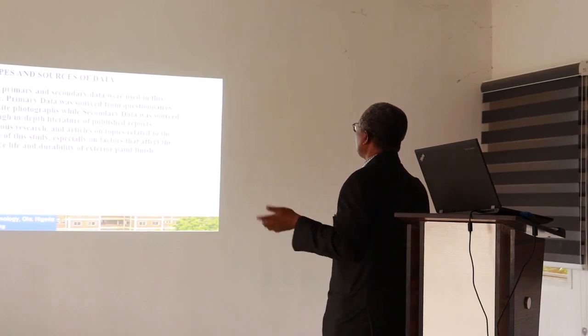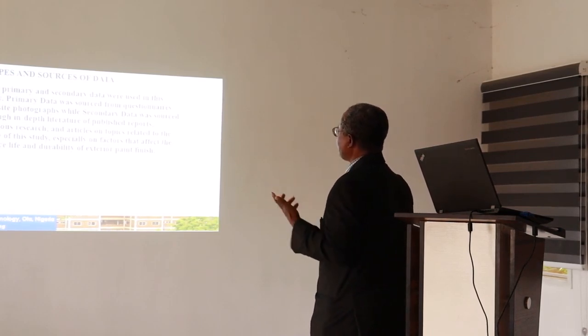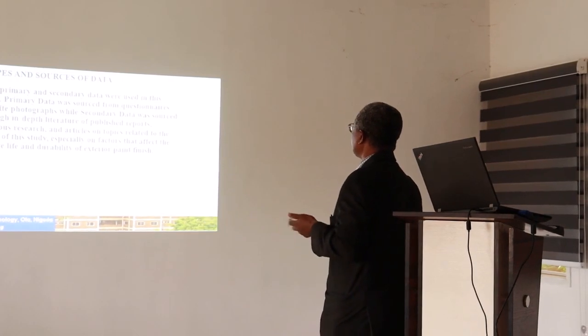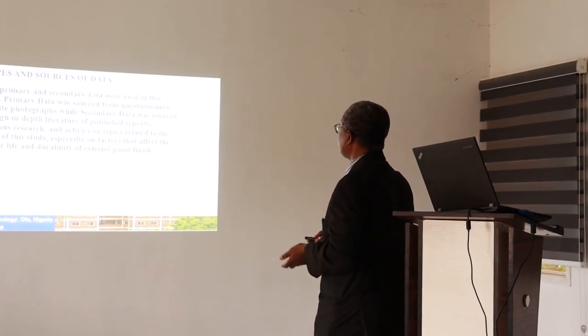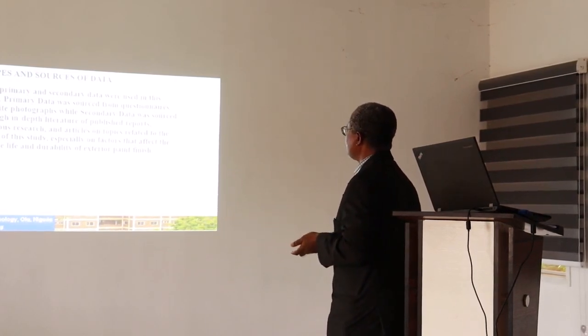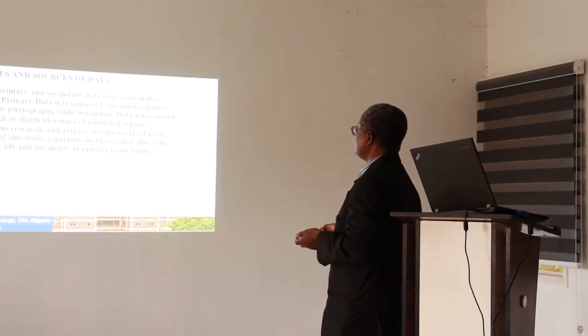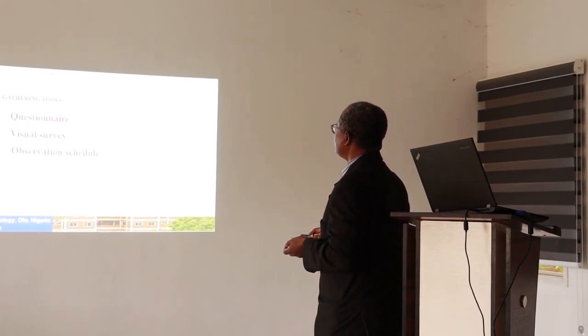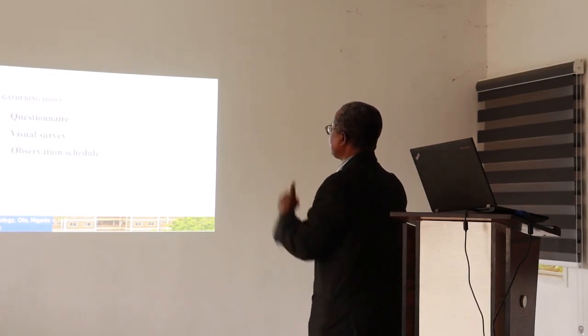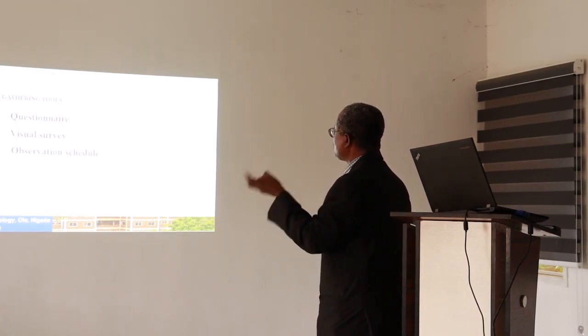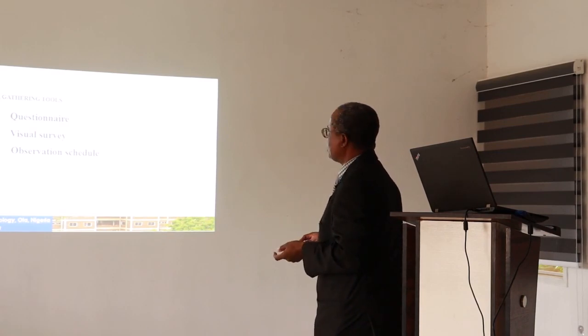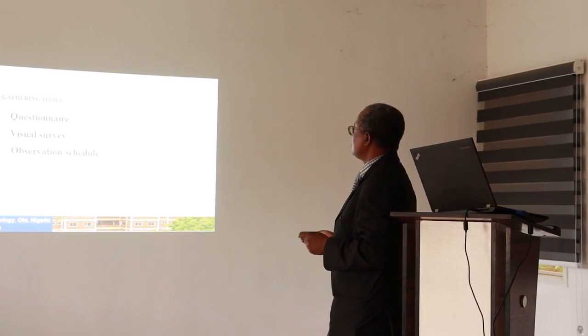Primary data was sourced from questionnaires and site photographs, while secondary data was sourced from published literature, reports, previous research and articles on topics related to the scope. The data gathering tools were questionnaire, visual survey, observation and observation schedule.